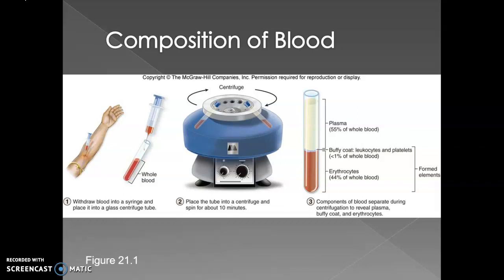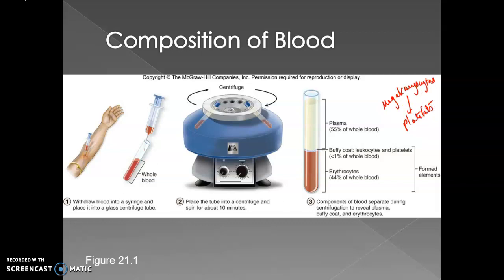I want you to understand one thing here. Platelets, they are not real cells. They are cell fragments, and platelets are fragments of larger cells called megakaryocytes. So from these larger cells, we have the platelets, and they are cell fragments.